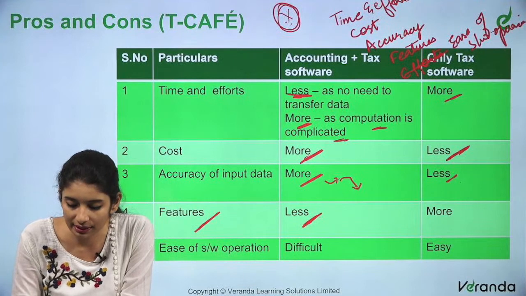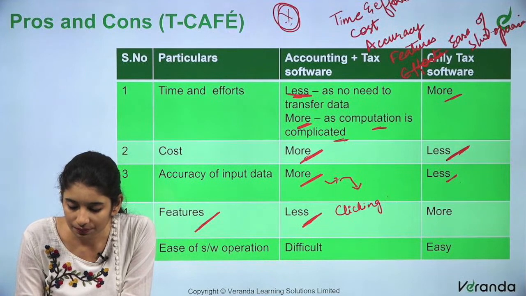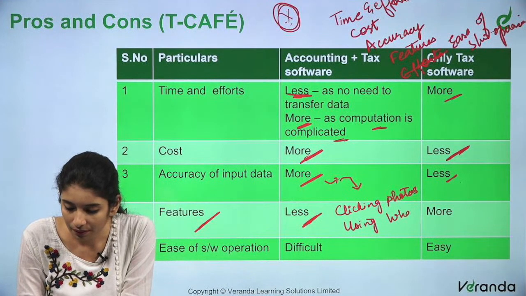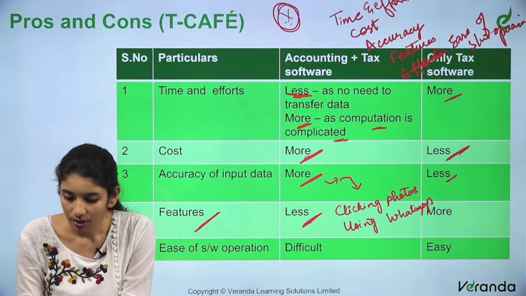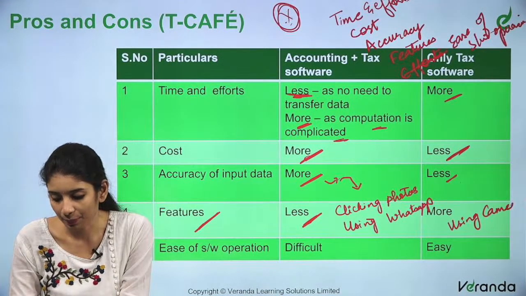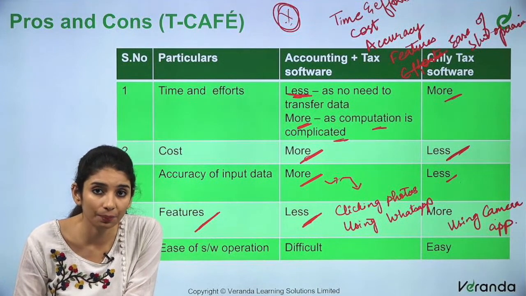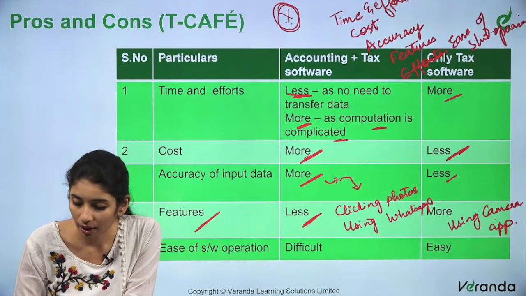So, you can understand this by this example. Clicking photos using WhatsApp versus using the camera app on your phone. Tell me in what will you get better features available.